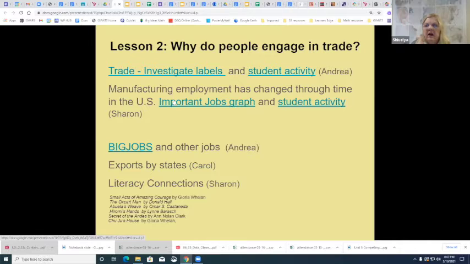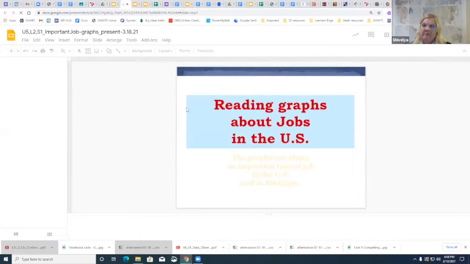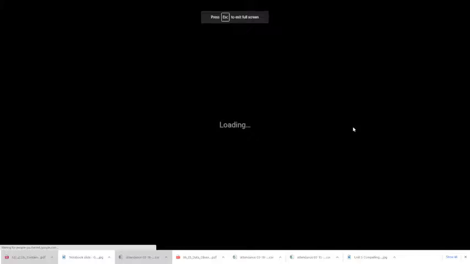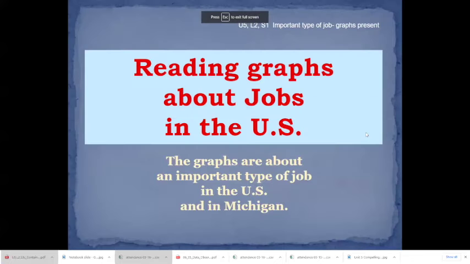Okay, so the first one we're going to take a look at is the important jobs graph. So, looking at graphs and other visual aids for students. I'll go ahead and open that for you. We're switching and going to talk about reading graphs. Being a math teacher, we focus on graphs a lot in our program because that's one of the areas our students tend to be weak on.